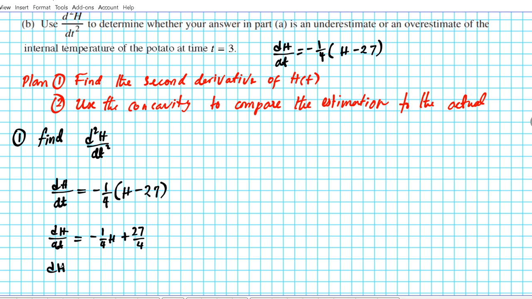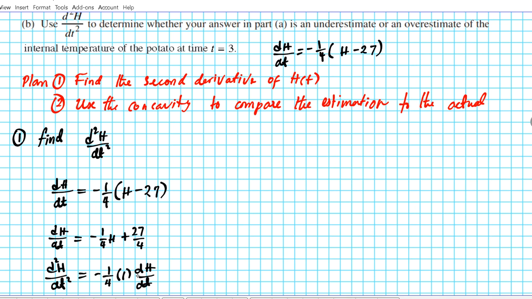d squared h dt squared. This is a mistake most students will make when they differentiate on the right side. They'll say, oh, it's just negative 1/4 as the derivative. No, that's not correct. We're differentiating with respect to t, so we have a disagreement here. You factor out the negative 1/4. The derivative of h is 1, but since you have a disagreement with respect to what you're differentiating with respect to, you have to add on the dh/dt.